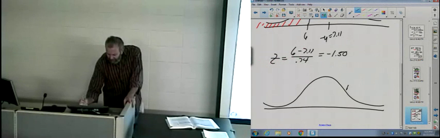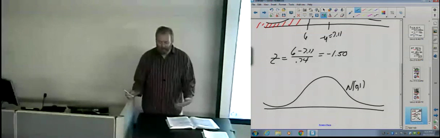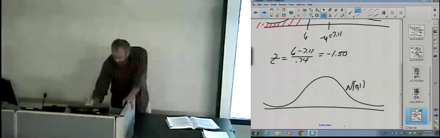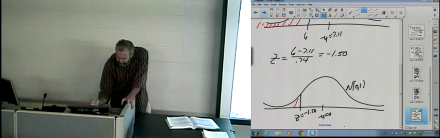You always know when I'm giving you the standard normal because I write normal, mean 0, standard deviation 1. Here sits my z-score of negative 1.50. I still want to the left.